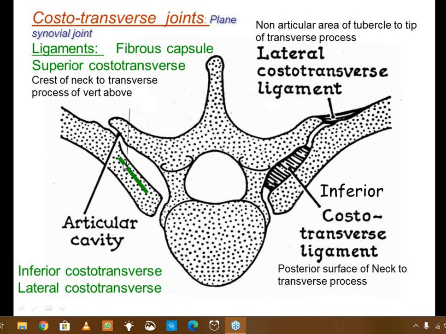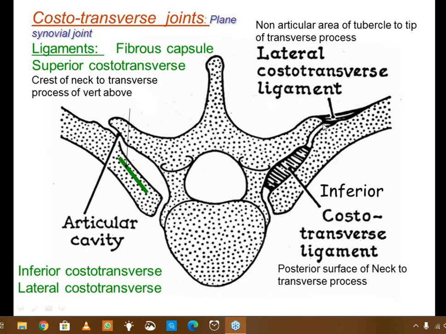In that case, from the upper border of the neck of the rib, the ligament will go to the lower border of the transverse process of the vertebra above. This is the superior costotransverse ligament. As far as the inferior costotransverse ligament is concerned, this attaches the posterior surface of the neck of the rib with the corresponding transverse process.